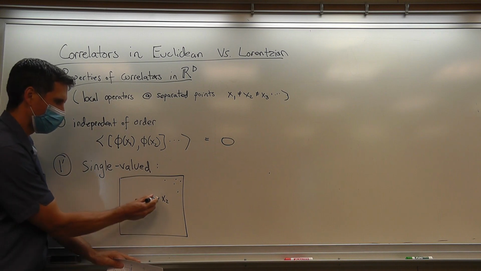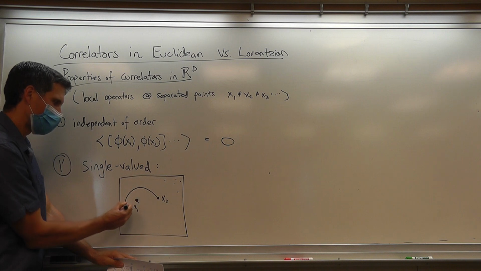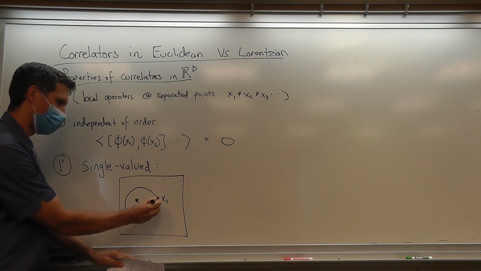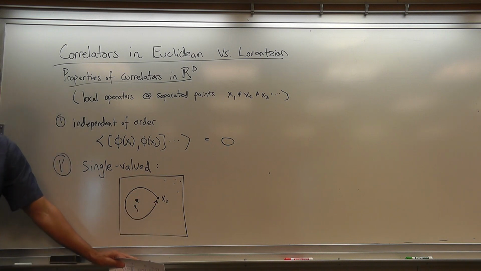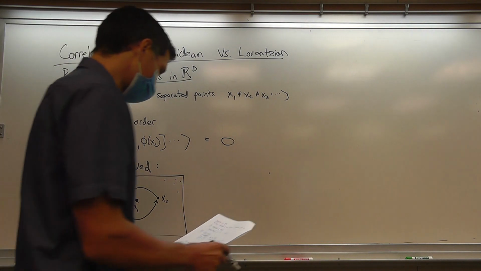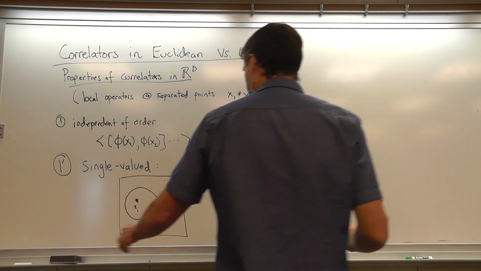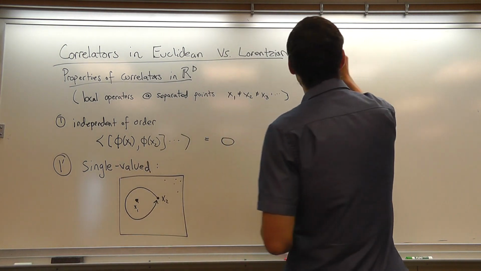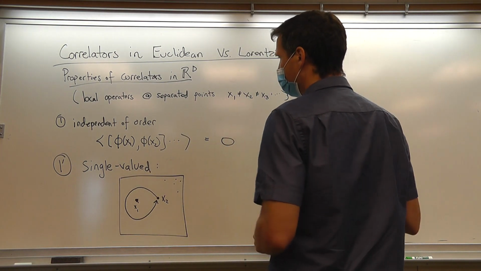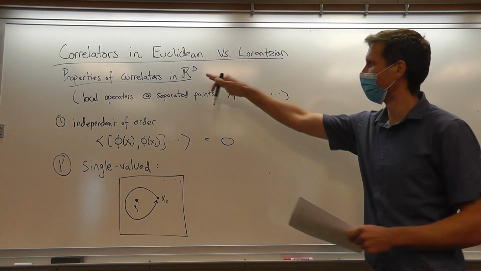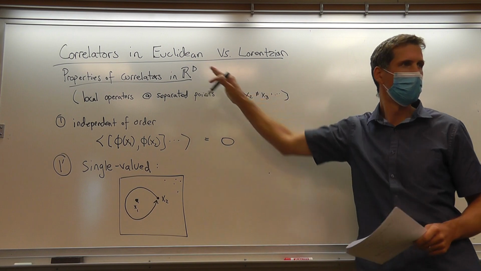If we follow this correlation function as we move point 2 around point 1 and back to where it started, then it must be single valued. It cannot go through any branch cuts as we go through that procedure. This is at 0 temperature now. Yes, this is all on the plane, R^D now.